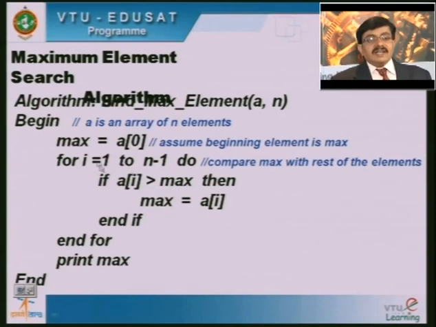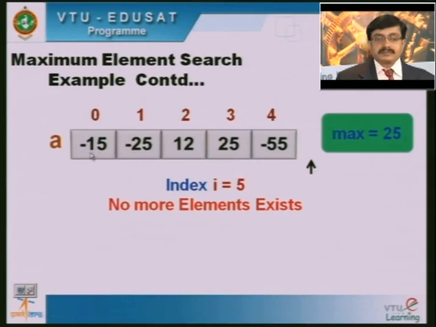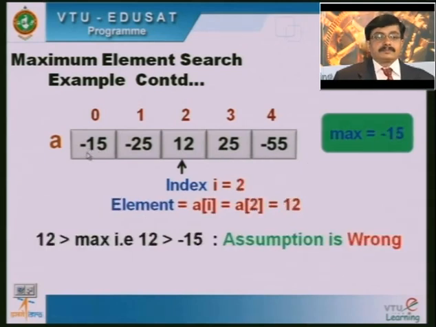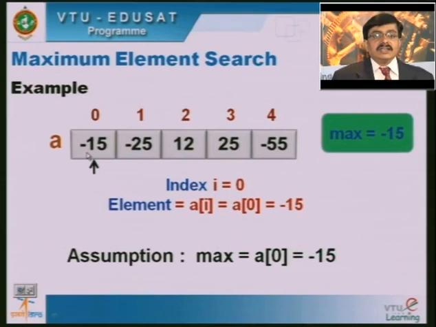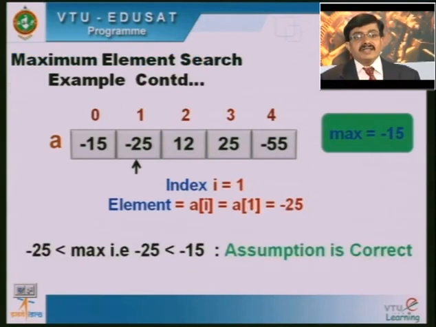At the end of the loop, when all the elements get exhausted, I will come out of the loop, and max will have the maximum element of the array. Now, when a of 0 was minus 15, I assumed that the max value is minus 15, and when I compared it with minus 25, minus 25 is less than the max, so our assumption is correct.